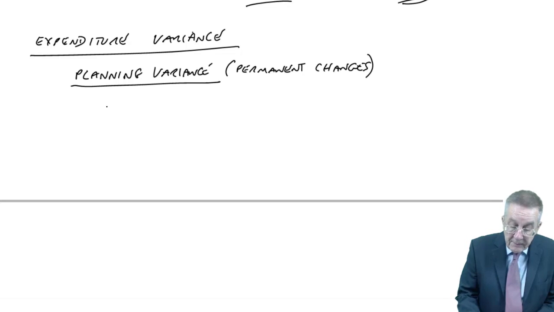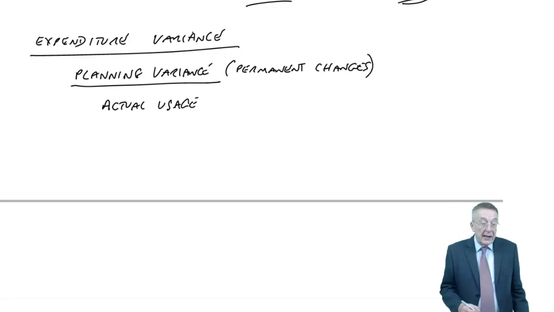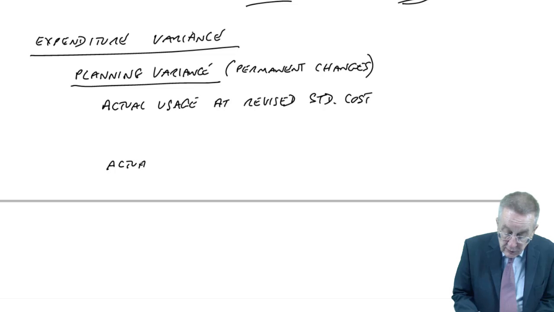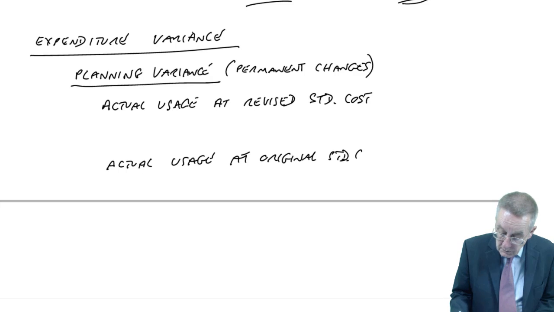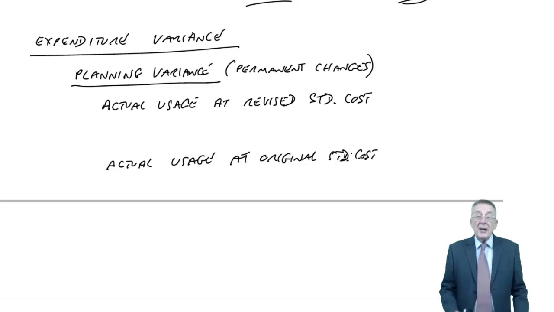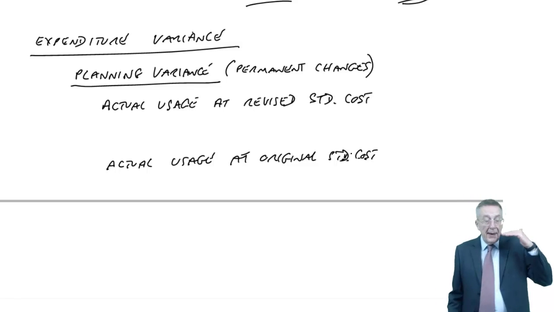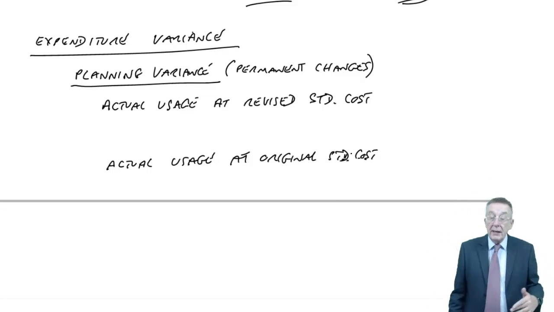So just like before, we take the actual usage, but this time we'll compare what we call the revised standard price with actual usage at the original standard cost. So exactly the same approach as before for the same reasons. But for the minute, forget what actually happened. We keep comparing this revised price with the original.